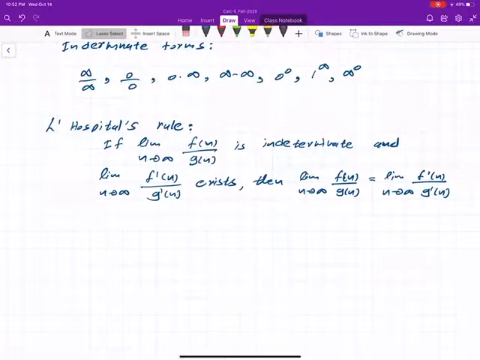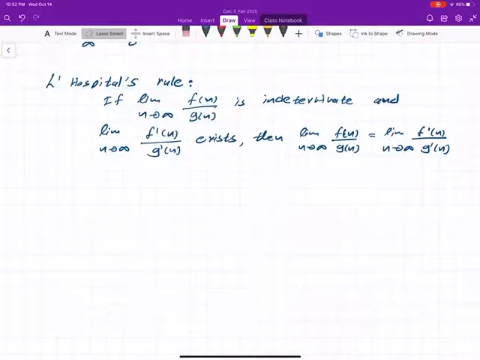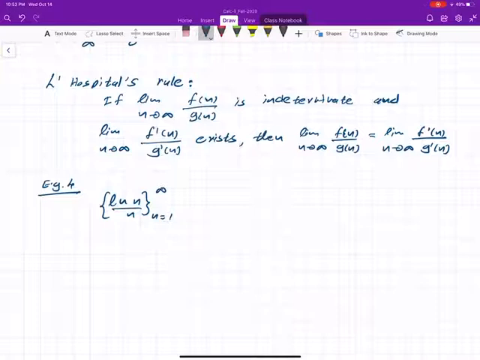All right, so let's move to examples. Let's discuss example number 4. In example number 4, what we're going to compute is whether the sequence ln n over n, n goes from 1 to infinity, is convergent or divergent.